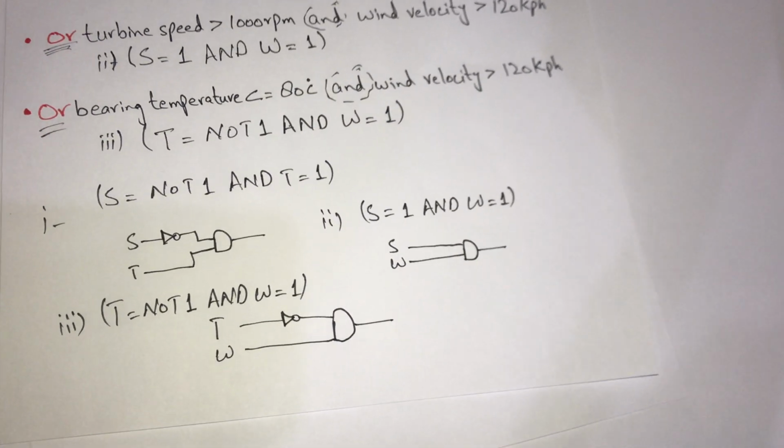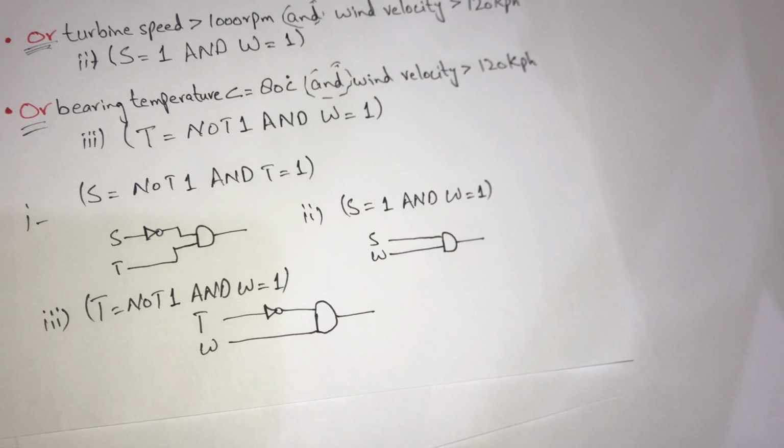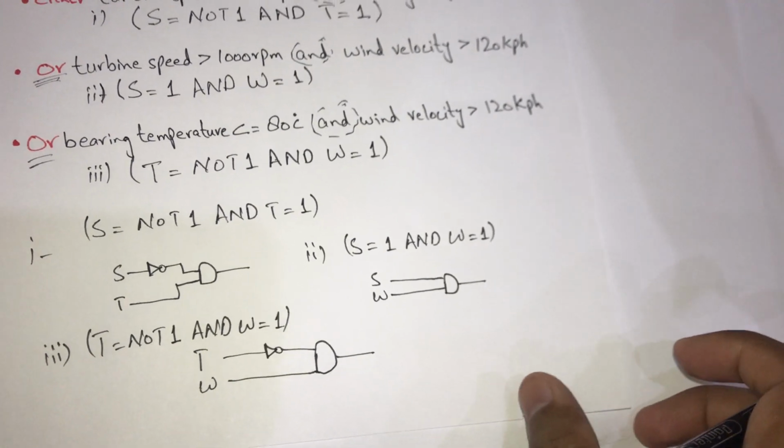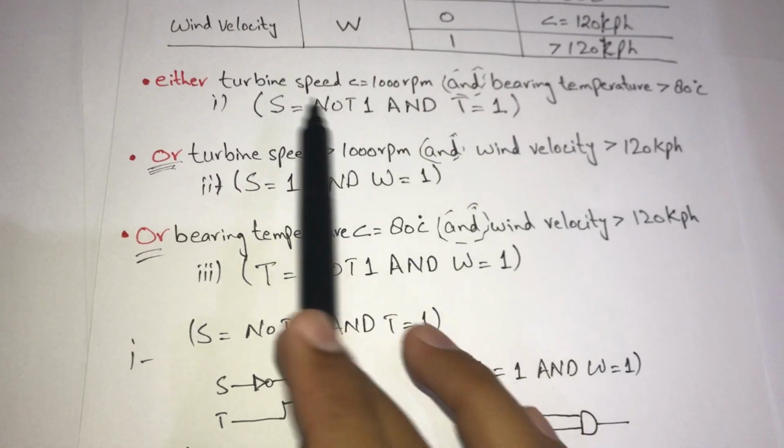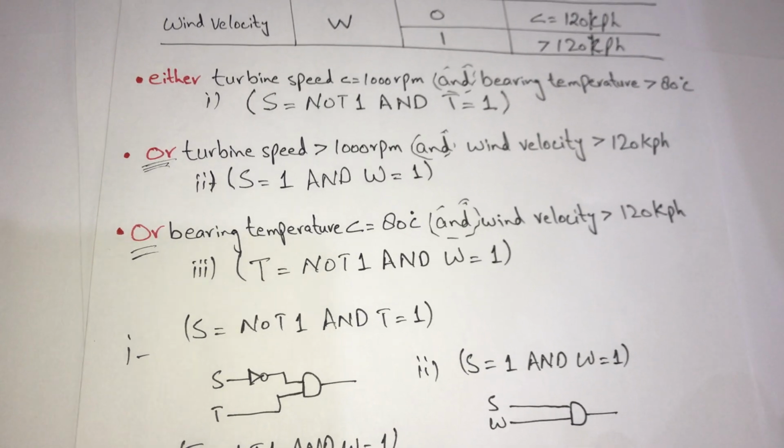So we will now combine all of these three logical circuits according to the sequence of the statements. First of all, there is the turbine speed statement.